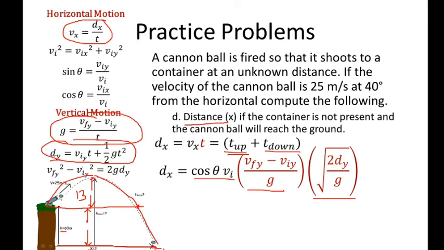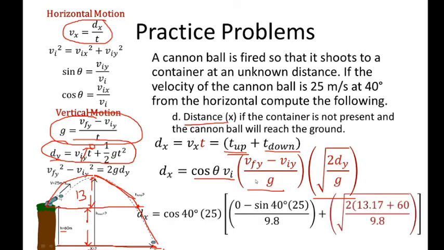As this one moves from the highest position downward, the initial velocity is 0. So we are left with this one, and rearranging that, we have the square root of 2 dy over g. Let us now check.